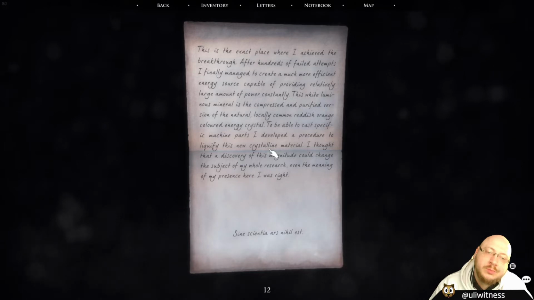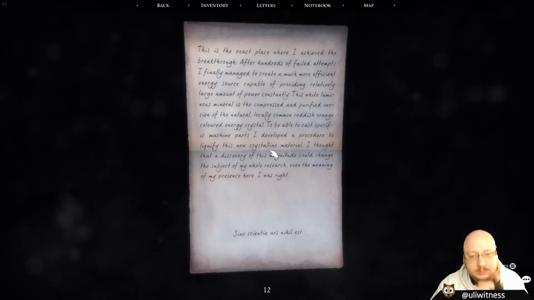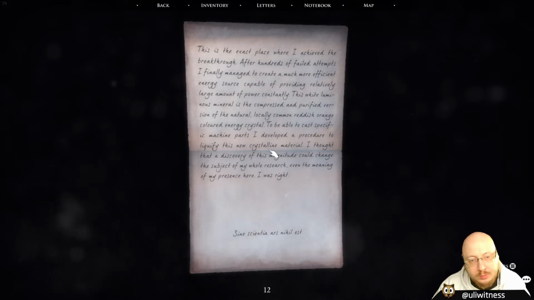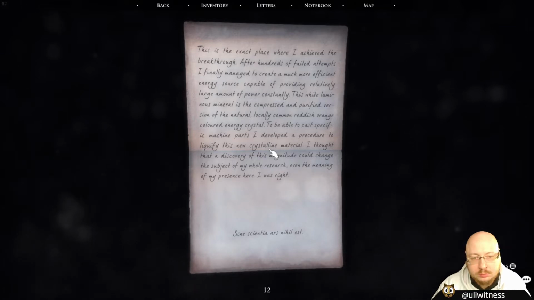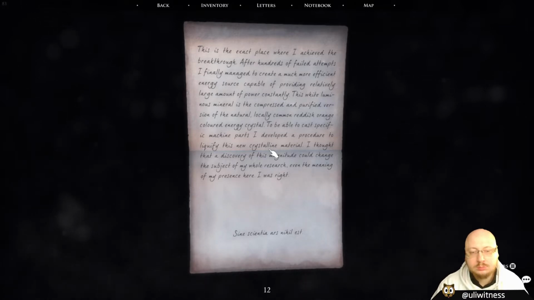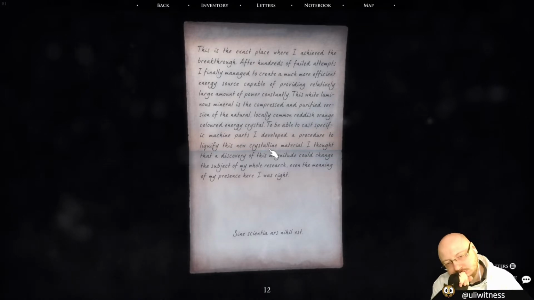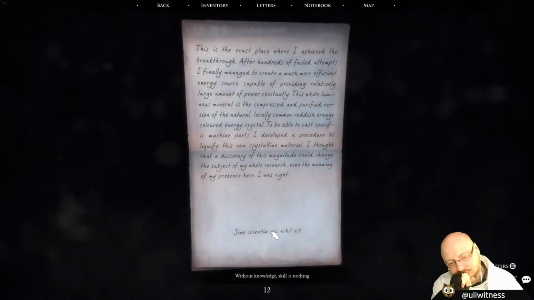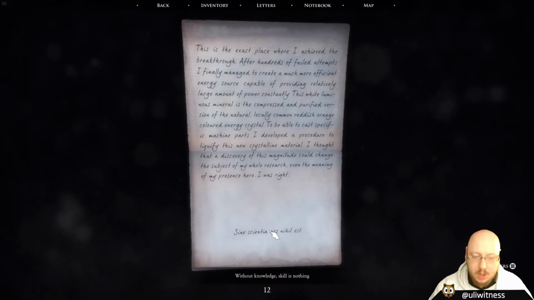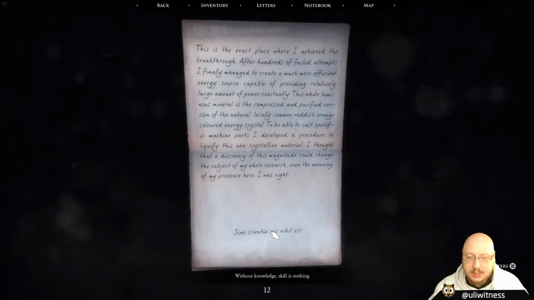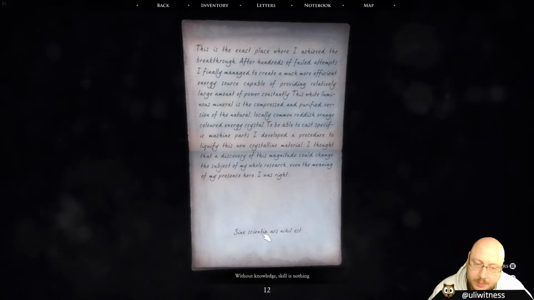To be able to cast specific machine parts, I developed a procedure to liquefy this new crystalline material. I thought that a discovery of this magnitude could change the subject of my whole research, even the meaning of my presence here. I was right. Without knowledge, skill is nothing.